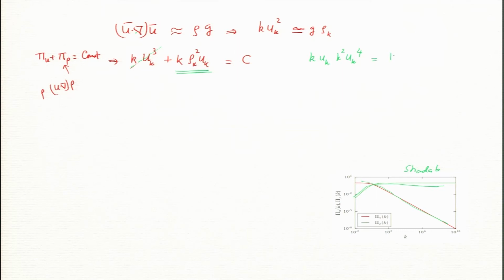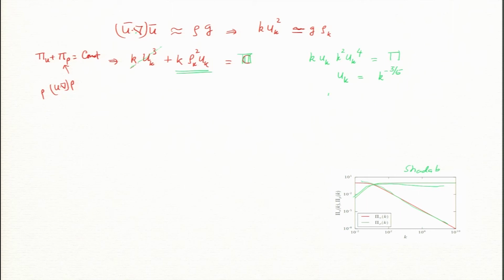That equal to constant, in fact is pi rho. This constant is the total flux in fact. So, what does it give you? uk to the 5 is k to the minus 3 by 5, not minus 1 by 3 as for Kolmogorov. If you remember, it was 5/3, no?